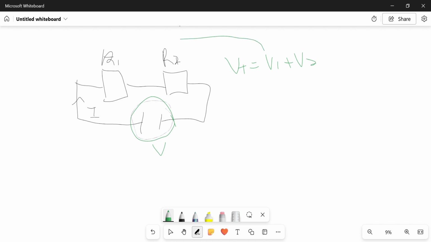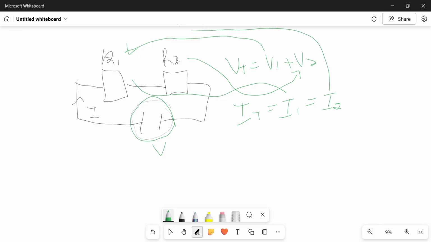V1 is the voltage at R1 and V2 is the voltage at R2. They are not the same, but the current is constant. So the total current equals the current I1, which is also equal to the current I2. I1 is the current on resistor 1, and I2 is the current on resistor 2. I hope I'm clear on that.